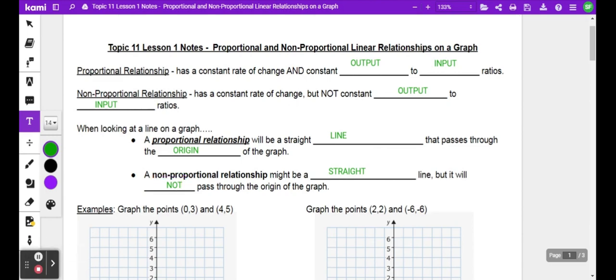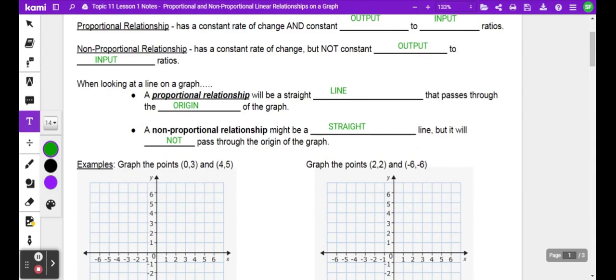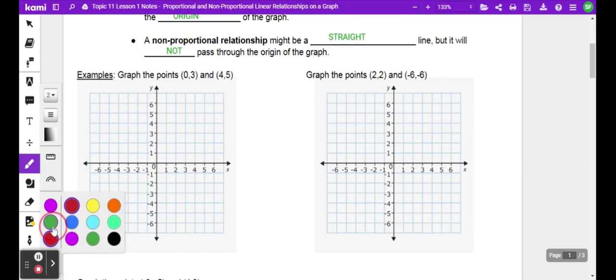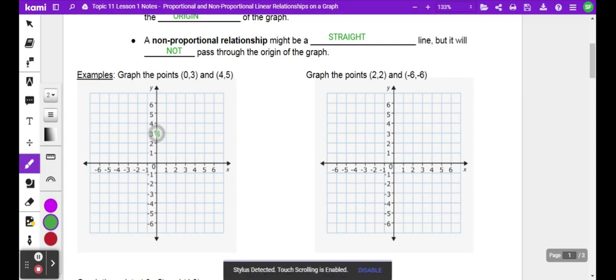Let's go ahead and look at some examples and decide whether or not they are proportional or non-proportional relationships. So I'm going to have to do some graphing. I'm going to graph the 2 points. I'm going to graph the point 0, 3. I would start at the origin, not move left or right, and just go up to 3 and plot my point.